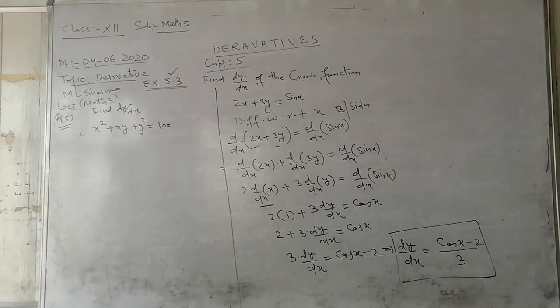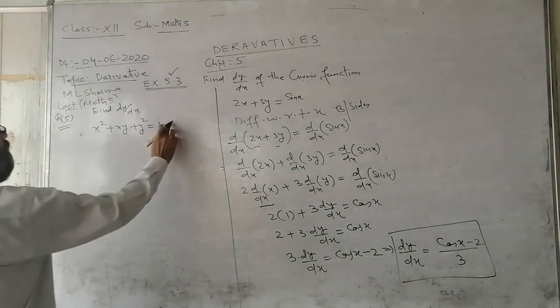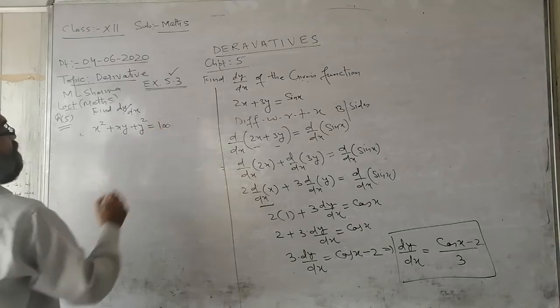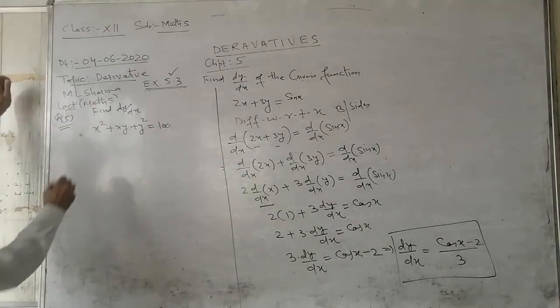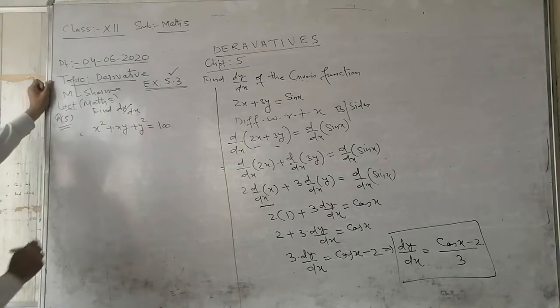So this is again an explicit function, and I have to find the value of dy upon dx.